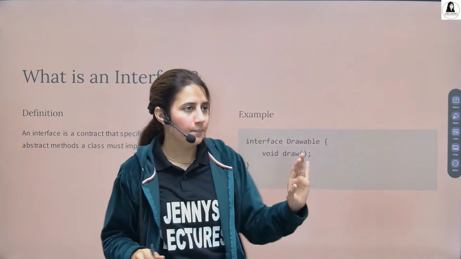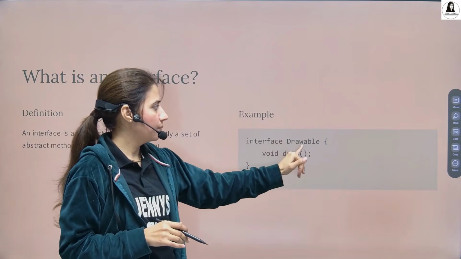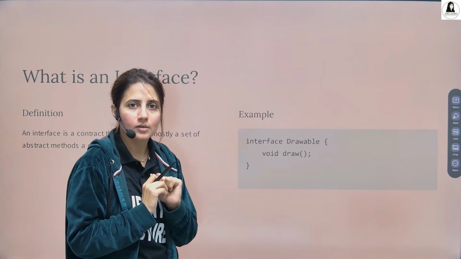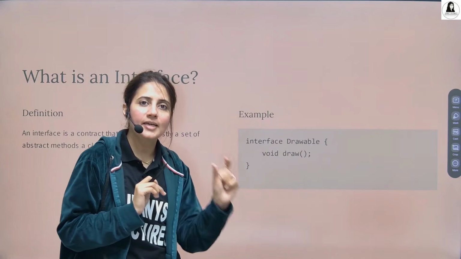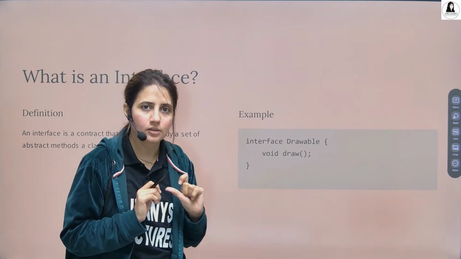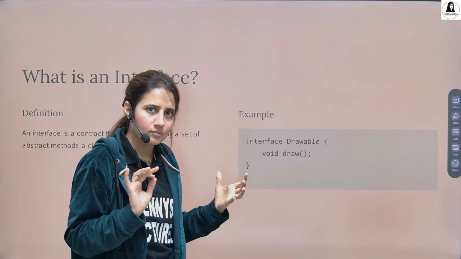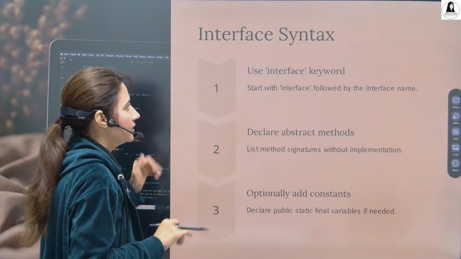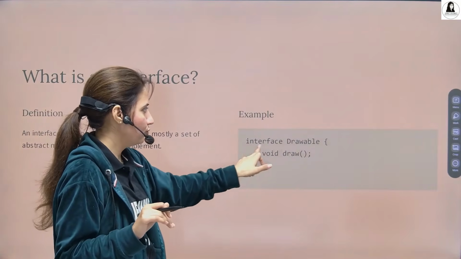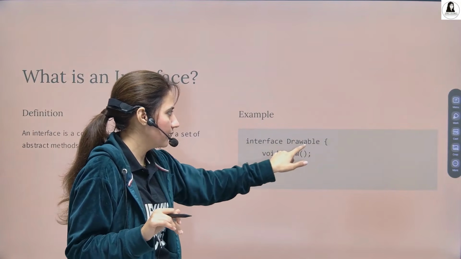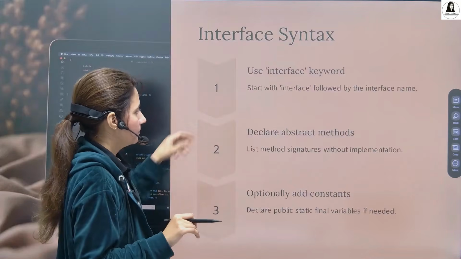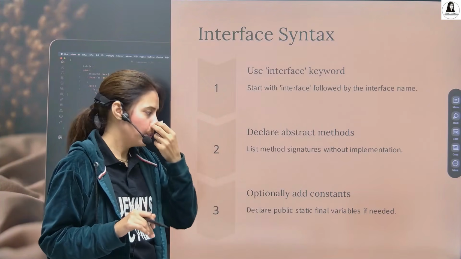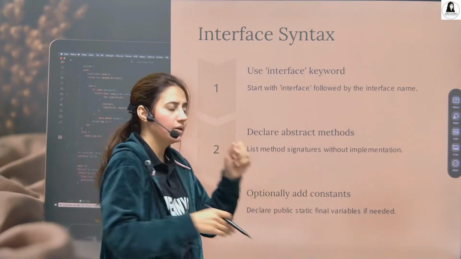So this is a simple example. We have the keyword interface, then the interface name, then the method. By default, this method is public and abstract. No need to write that, but if you write it, that is also fine, with no implementation body. Optionally you can add constants also, like public static final variables, which are allowed.